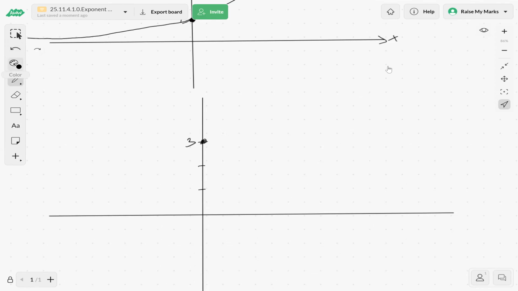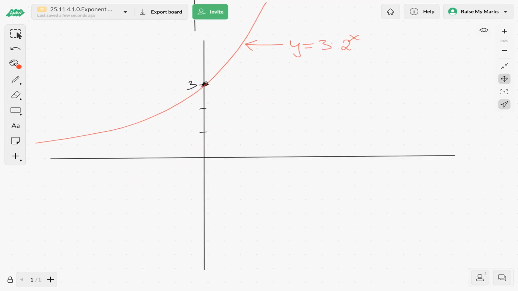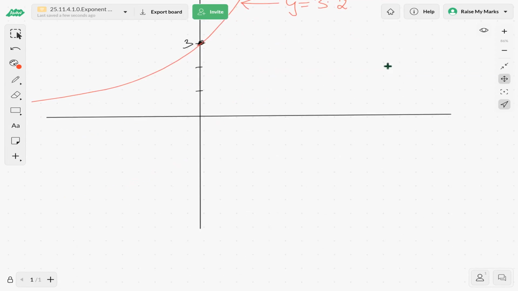Let's use a different color so we can keep track of the various transformations. So this red curve is now y equals 3 times 2 to the power x. Now our next transformation that we can consider is the negative, so negative 3 times 2 to the power x. The negative is a reflection in the x-axis.